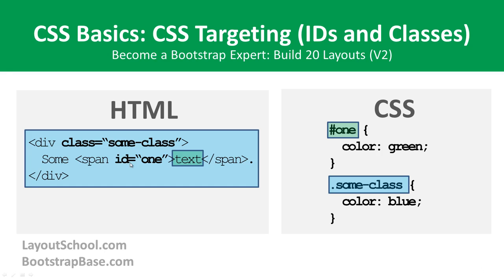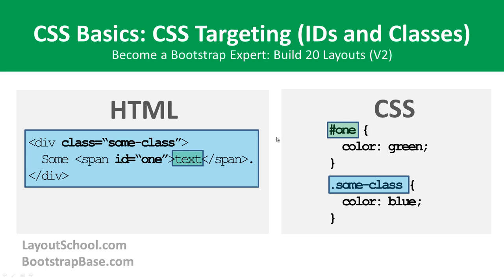We give it a value inside double quotes, and then in CSS to target this section right here, inside the CSS we give it the pound sign to signify the ID, and then the name of that ID from HTML. So in HTML it's id equals double quotes 1, closing double quotes, and in CSS we've got pound 1.